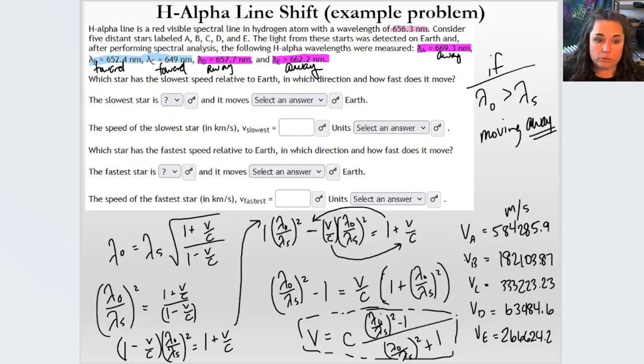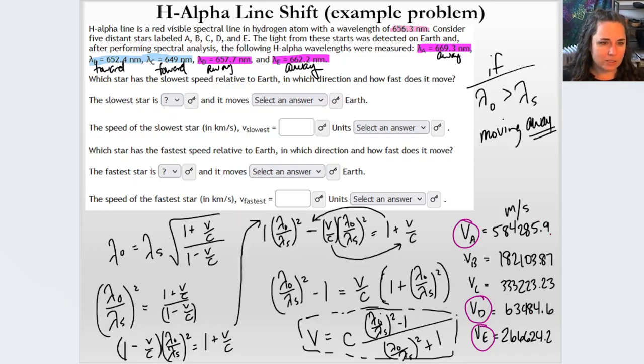You can go through, and of course if you have your own problem, you were probably given different numbers, you'd have to solve for your own values, and I just solved for all those values, and then I went through and I evaluated them, right? So A, D, and E are all moving away, so I just picked the speed of the slowest star.